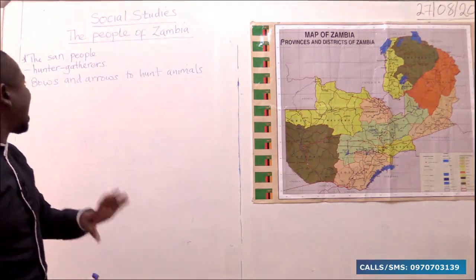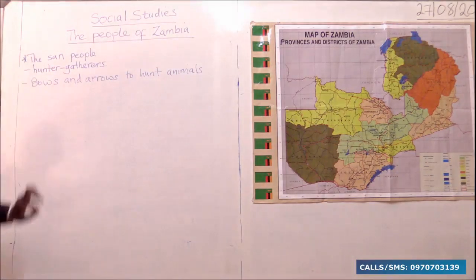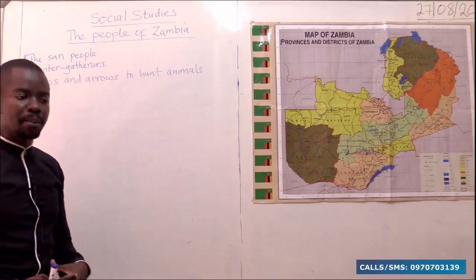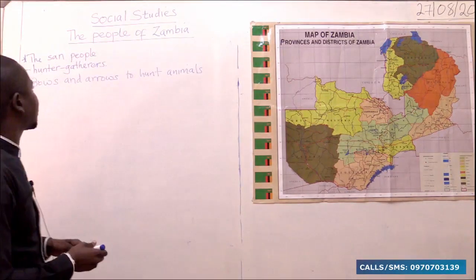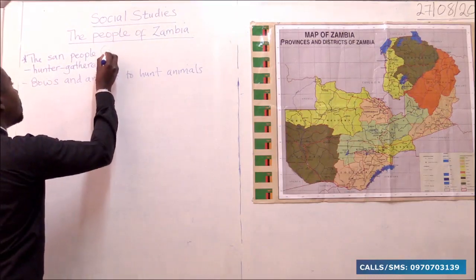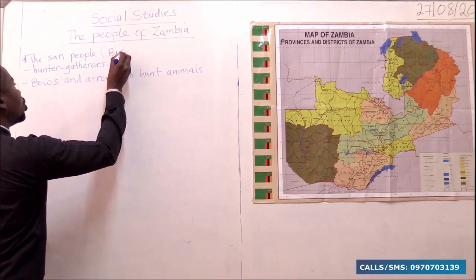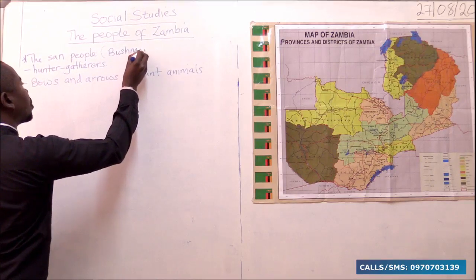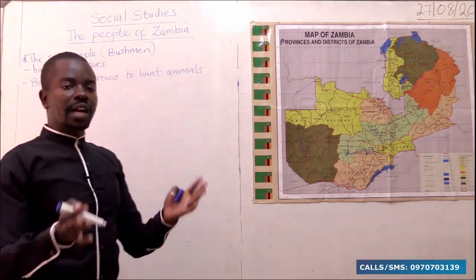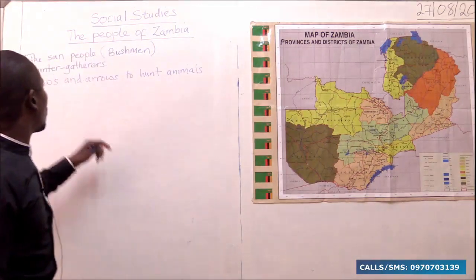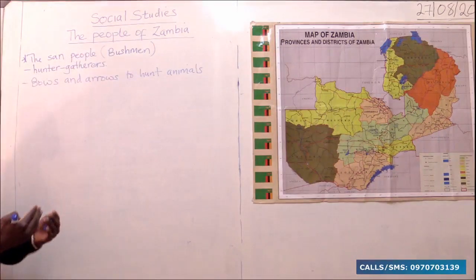Okay, boys and girls, I said that the San people were short people, and the other name for the San people was Bushmen.